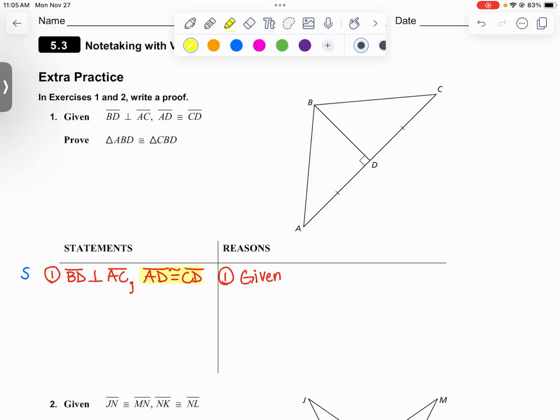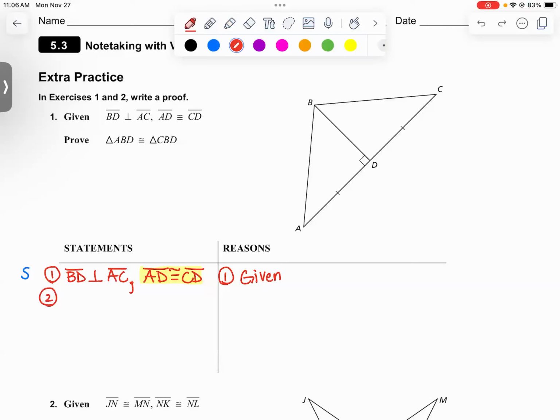All right. Now, what can we do with BD perpendicular to AC? We can say that ADB is a linear pair to BDC, and that means since ADB is a 90-degree angle, we can say that BDC is also a 90-degree angle because they have to add up to 180 degrees. Okay, so since we have perpendicular, what Clark is saying is that these two are 90-degree angles. Is that sufficient?